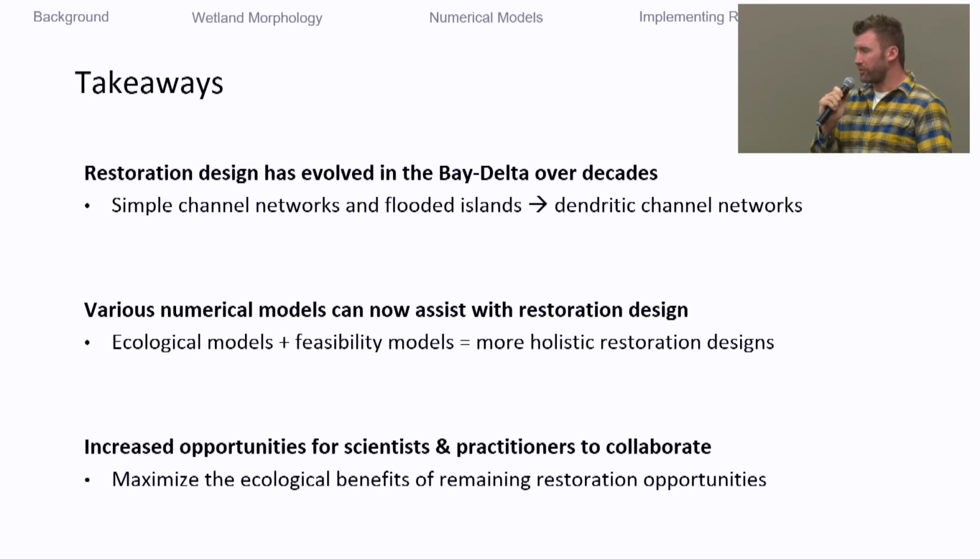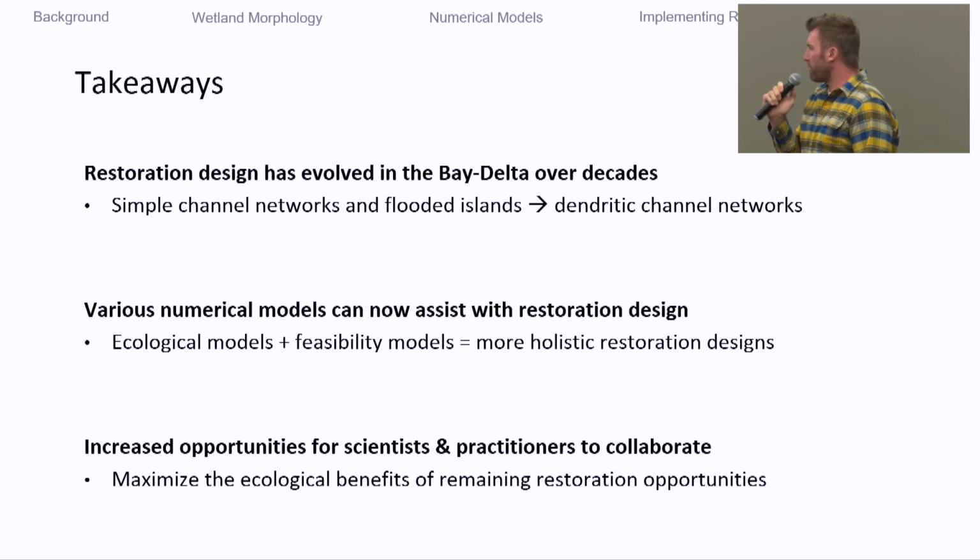So the ecological models that we presented, plus the feasibility models that are used to assess salinity intrusion and those types of things, together can probably provide a more holistic restoration design. And then lastly, and really importantly, we think this can lead to an increased opportunity for scientists and restoration practitioners to collaborate and maximize the ecological benefits of the remaining opportunities to restore these habitats.